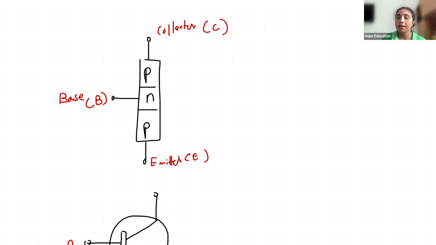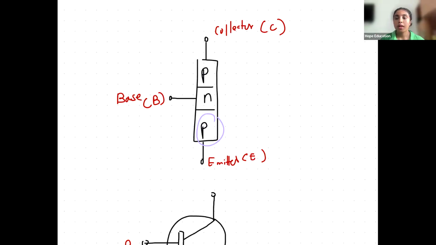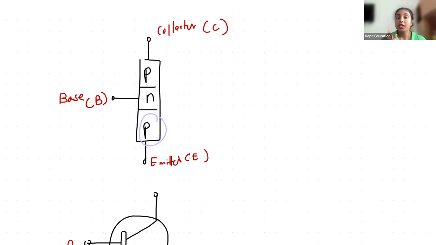Emitter is a P semiconductor. What are the charge carriers in the emitter? Holes. So because of that, charge carriers move from emitter to collector. The emitter is a P semiconductor, so the holes there will move from emitter to collector, and you know holes are positively charged.